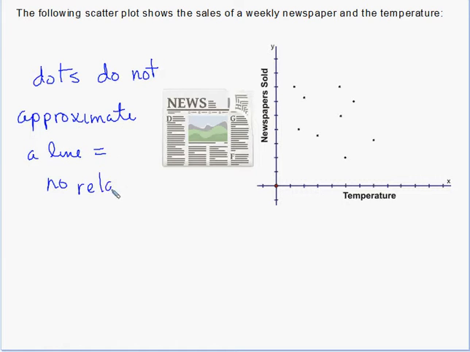So there's no relationship between the temperature outside and how many newspapers are sold. Which makes sense if you think about it. You wouldn't think the temperature would affect whether or not you wanted to read the news. But now we can say mathematically there's definitely no relationship between temperature and newspaper sales.